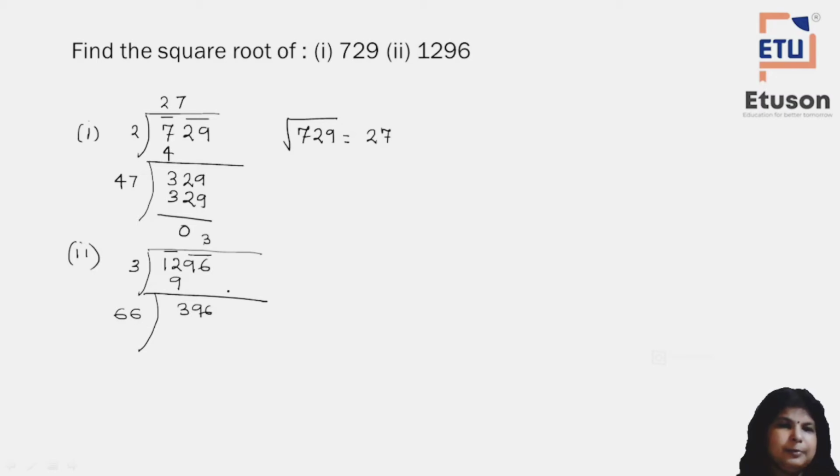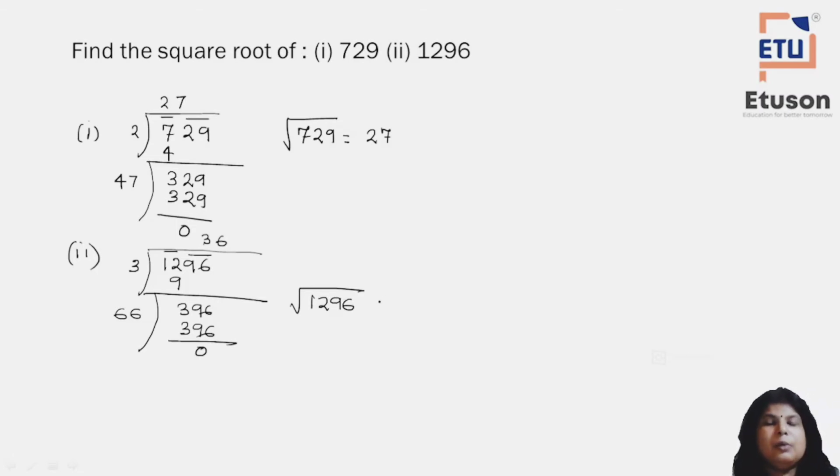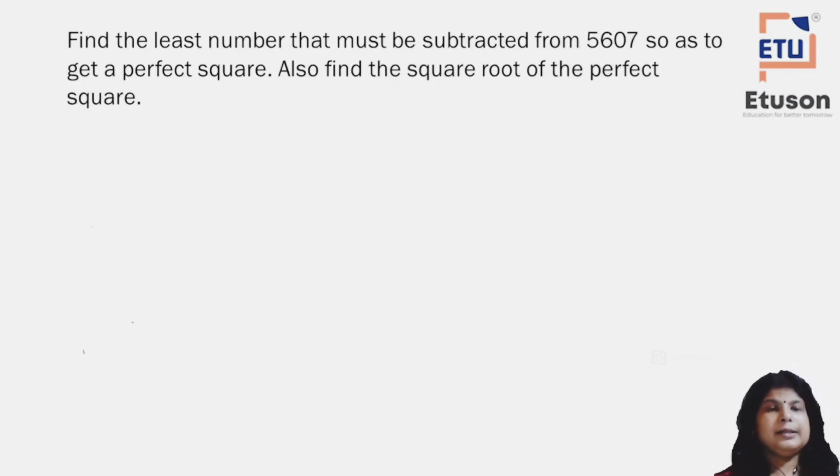And if you multiply, you are getting exactly the same number, that is 396, and the same thing will be written here. As the remainder is again equal to 0, so you have now got your square root of the number 1296, that is equal to 36. Correct, children?